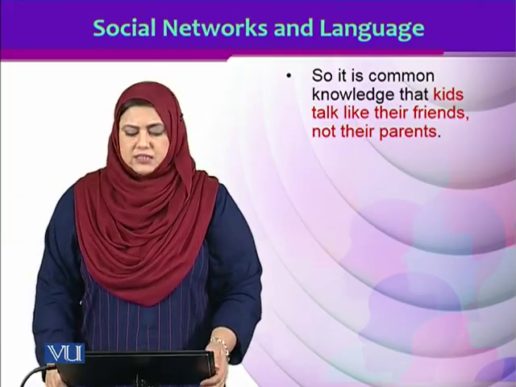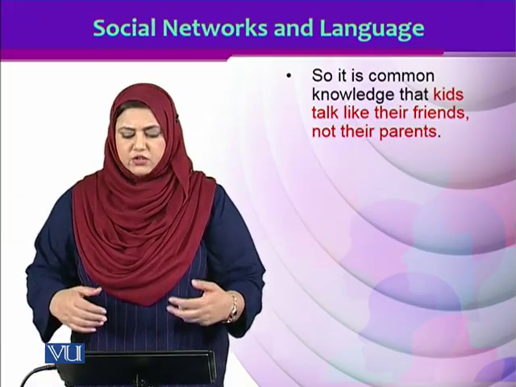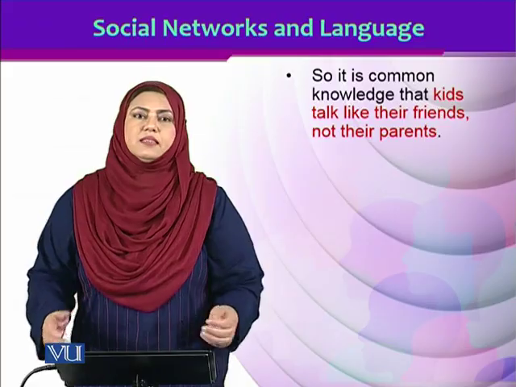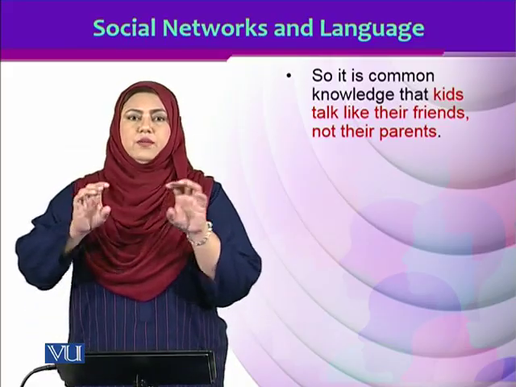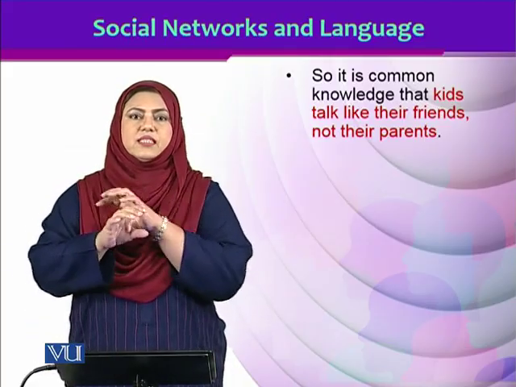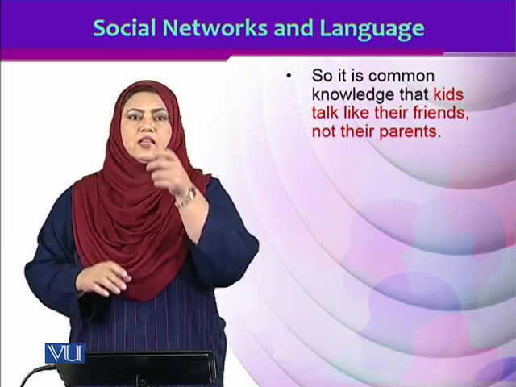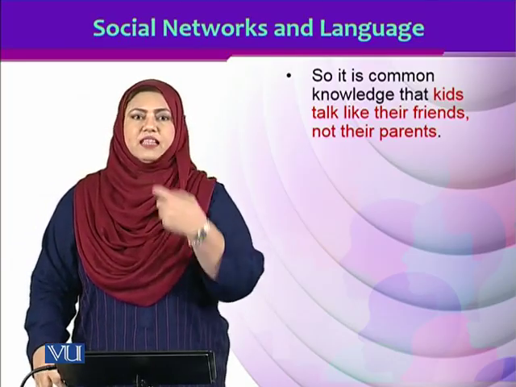I hope this common example, where kids talk like their friends, not like their parents, would help you understand the same age group where it works like a horizontal channel, not a vertical channel of parents and children.